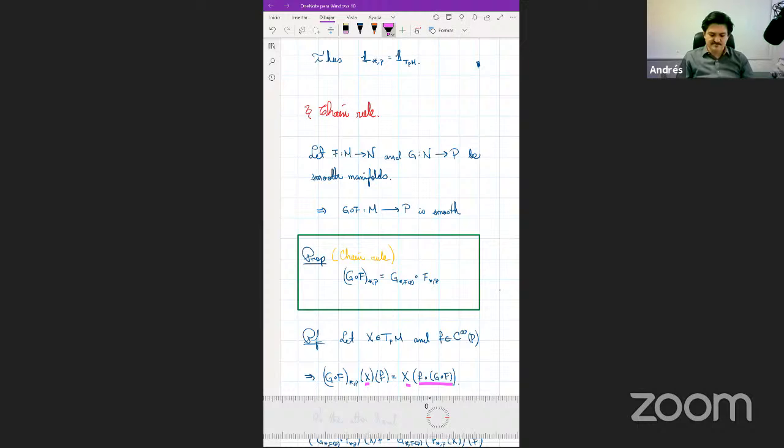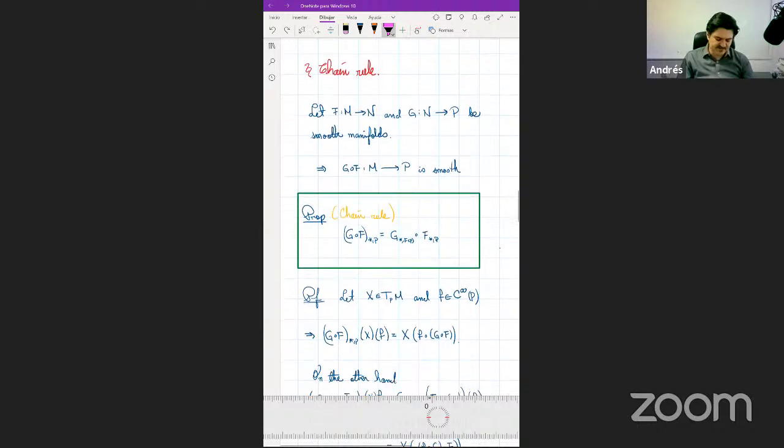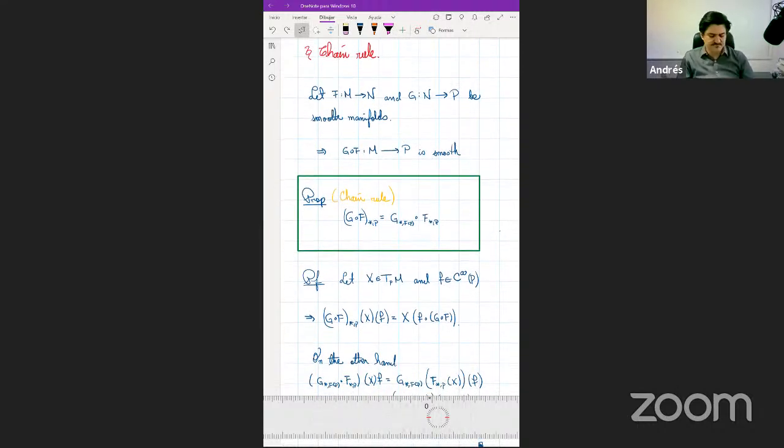Okay, now let's work on the other side and see that we get the same. So we have the same x and the same f. Right? But this means first push forward with respect to f, and then push forward with respect to g, and then you evaluate the function.